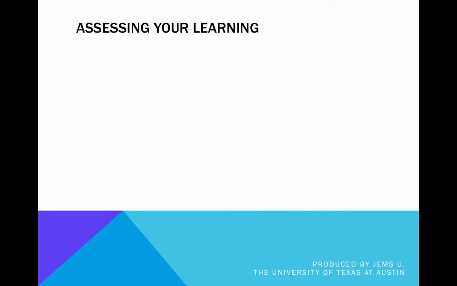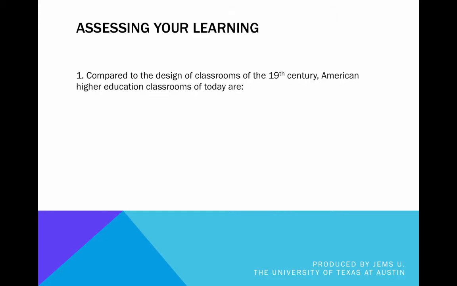Now that you've heard an introduction to the ideas of innovation in higher education, it's time to assess your learning. Think about the following question. Compared to the design of classrooms of the 19th century, American higher education classrooms of today are A. Much more interactive, B. Much less interactive, or C. About the same.